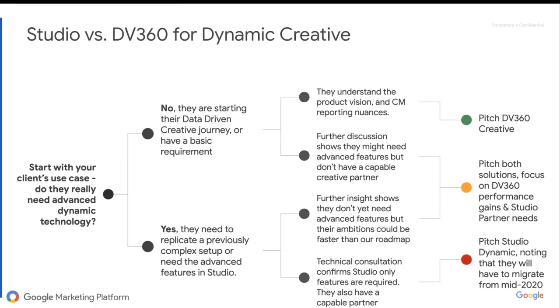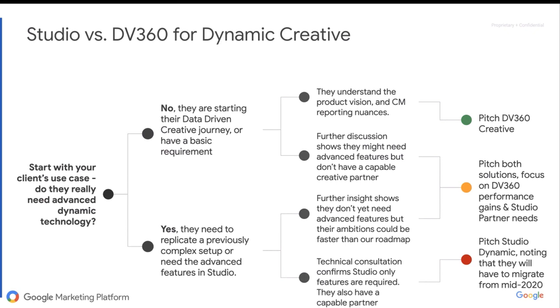So looking at this in the form of a decision tree, let's start with what you should be recommending your clients. If your client is just getting started on their data-driven creative journey and they have basic requirements such as geo signals or scheduling signals, or even just their first-party floodlight audience data, they can use DV360 to build their data-driven creatives.